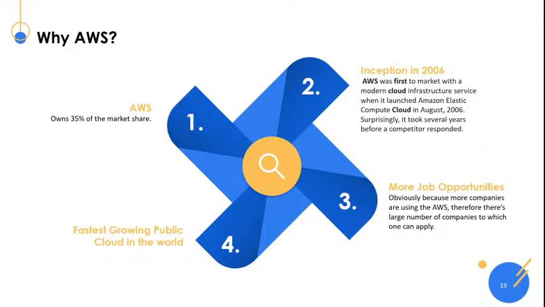Again, if 100 companies are there, and 35 of them are using AWS, that means there are 35 companies you can apply to, to become a solution architect or an AWS developer, etc. So if you want to get into the cloud domain, it's always better to first get to know the major player, and then you can learn Microsoft Azure once you have understood AWS, because they are almost the same services, just that the terminologies they use are a little different.